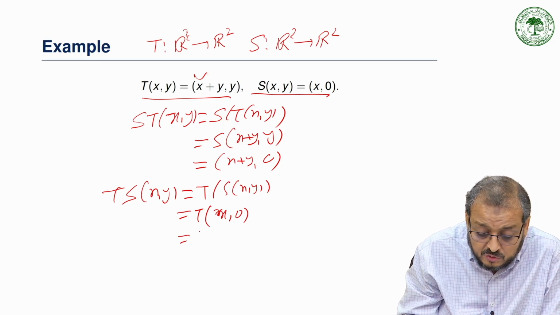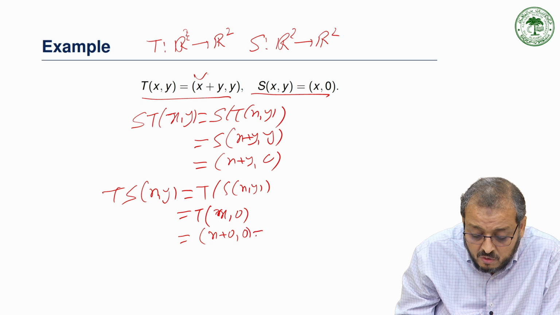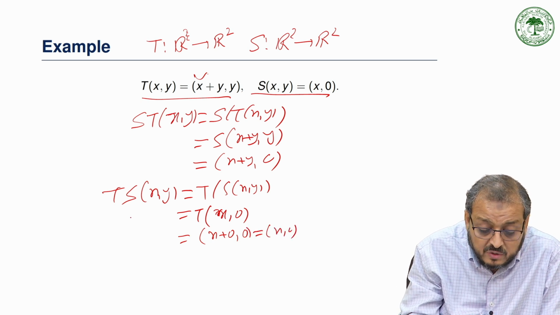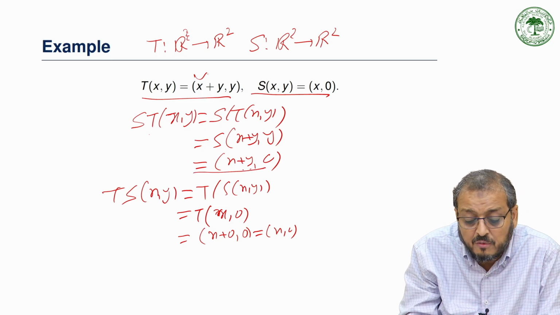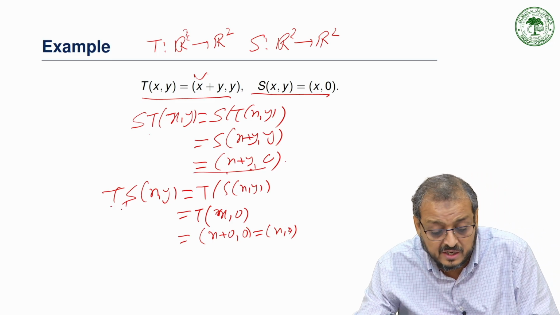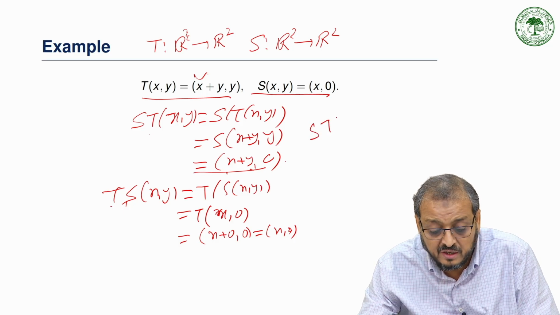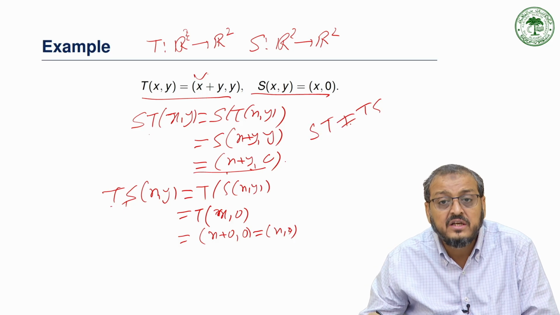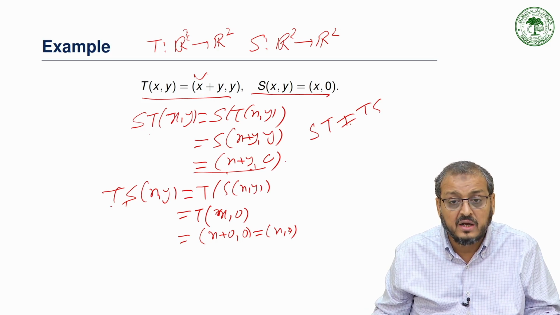So with y equal to 0, we have x plus 0 comma 0, which is equal to x comma 0. Now for all x and y, we see that ST of x, y is equal to x plus y comma 0, and TS of x, y is equal to x comma 0. Clearly ST is defined and TS is also defined, but ST is not equal to TS.